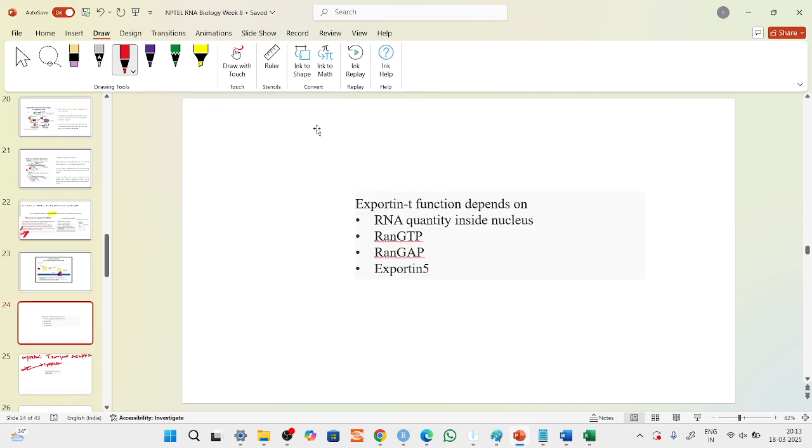Now, why not the other options? Because RAN GAP promotes the hydrolysis of RAN GTP to RAN GDP in the cytoplasm. So what happens in the cytoplasm? RAN GTP is converted into RAN GDP.